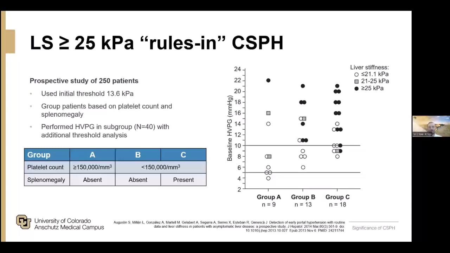The rule-out threshold is a little murkier, and in this study, they used a lower threshold of 21.1, and you can see that in the white dots, you are still having patients who, despite having that lower liver stiffness threshold, are being identified on HVPG as having clinically significant portal hypertension.